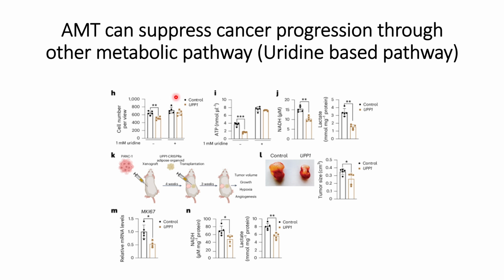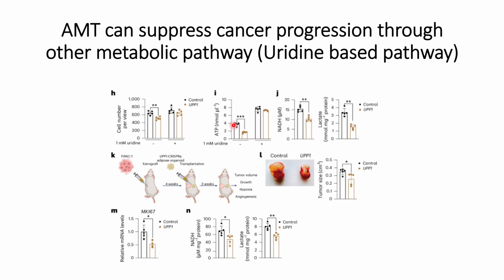And they check the other byproducts also, such as the ATP productions, and they are able to see the ATP also goes down when the tumors are co-cultured with adipose with UPP1 genes upregulations. And the ATP, we know that, is the lowest form of energy that is present within the cells, and if ATP goes down, indicating that cells have less energy to perform their functions, and that will cause the cancer suppressions.